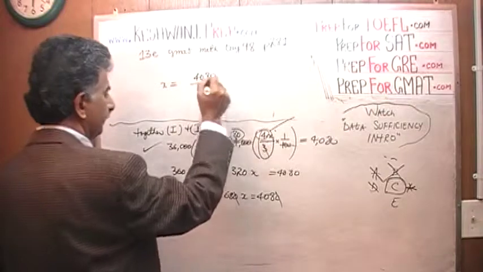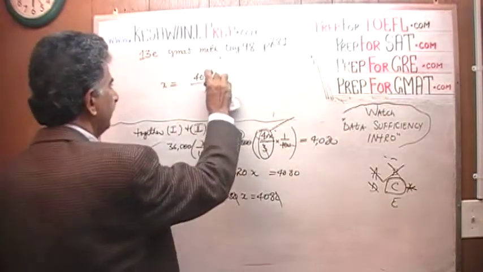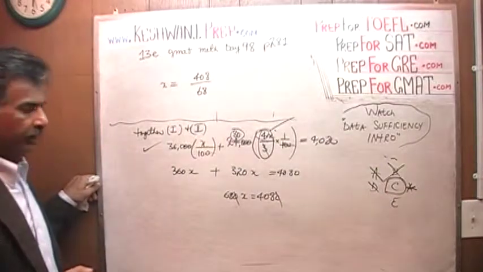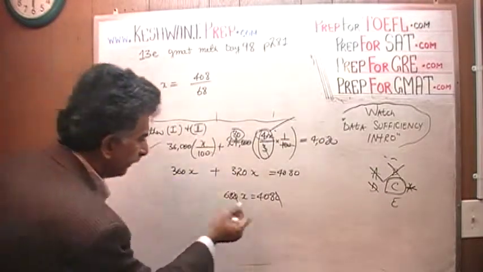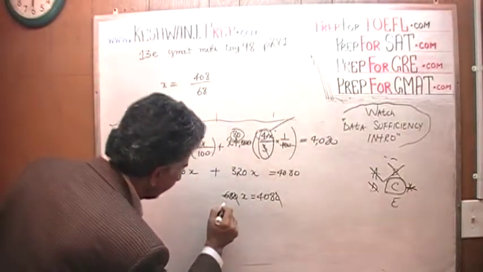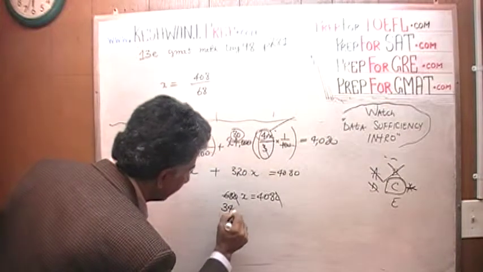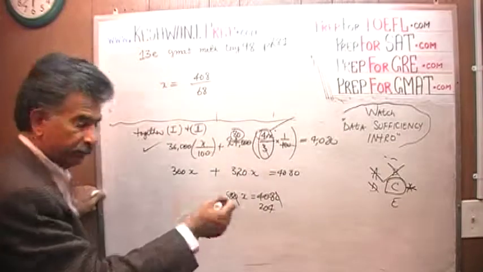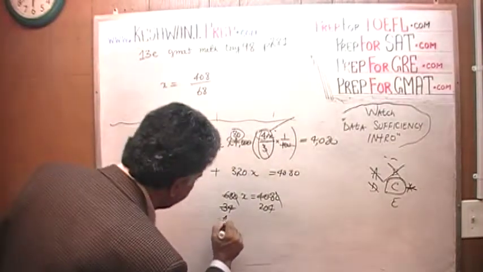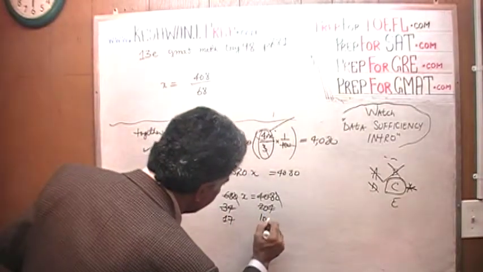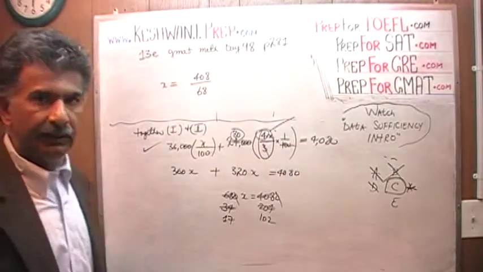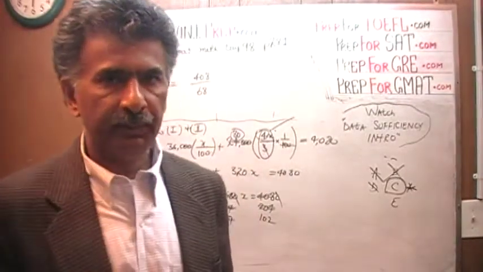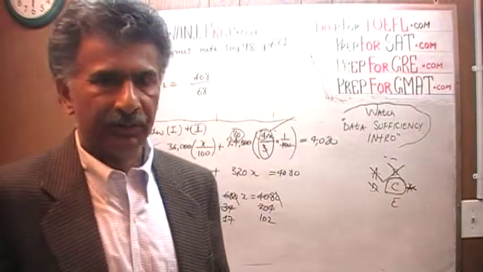4080 divided by 408 divided by 68. So let's begin our journey. We could have done it here. Let's divide both sides by 2. Divide both sides by 2, it becomes 34, and this becomes 204. Let's divide both sides by 2 again, so it becomes 17, and this becomes 102. How many 17s in 102? Now how do I know that 102 is going to go evenly into 17? I don't, I'm just curious.